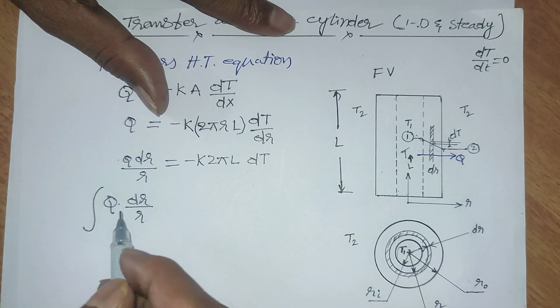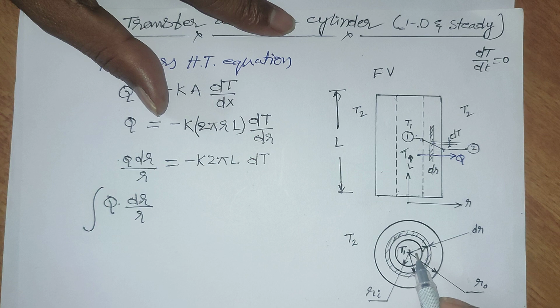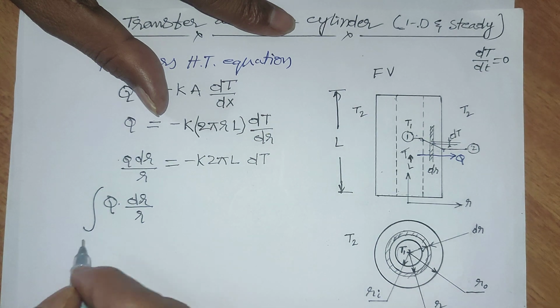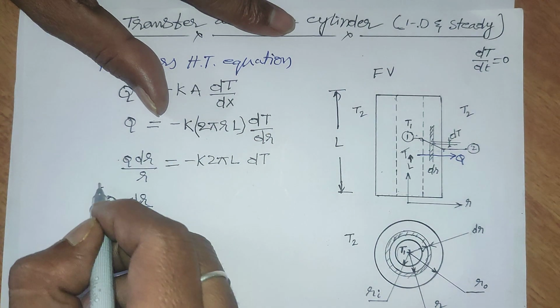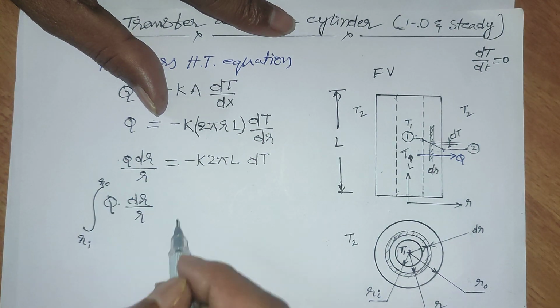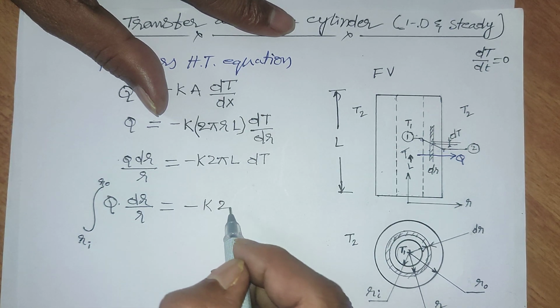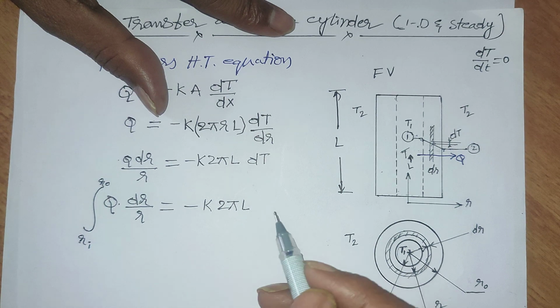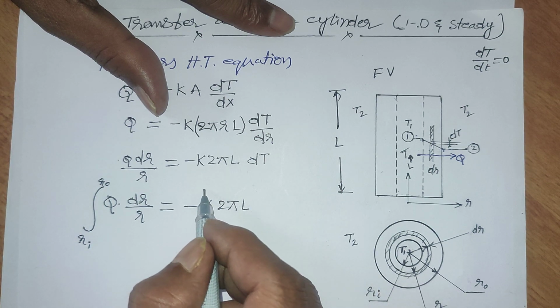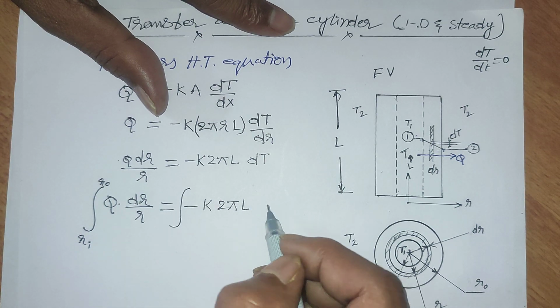We are doing the integration. So the limits are ri to r naught, equivalent to minus k 2 pi L integral dt.